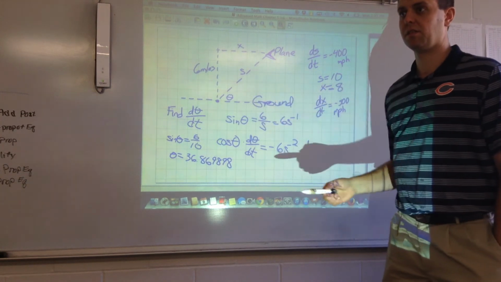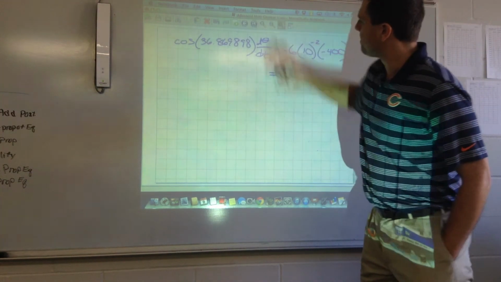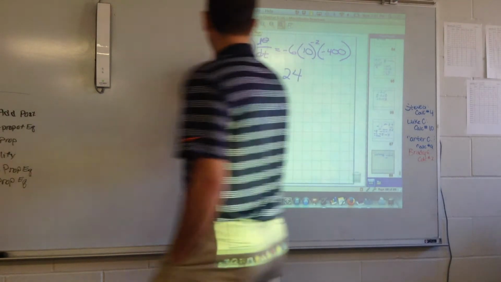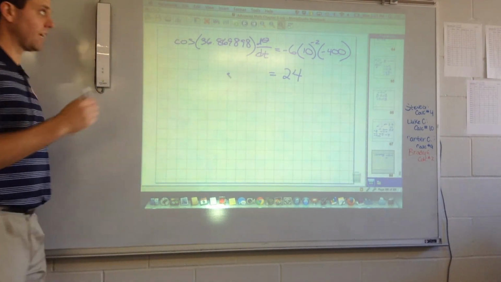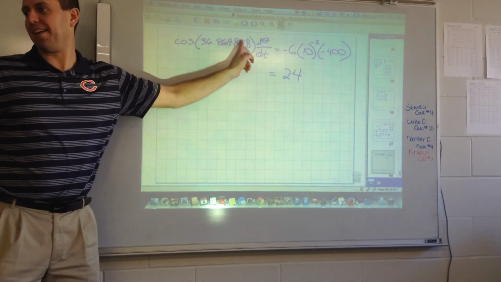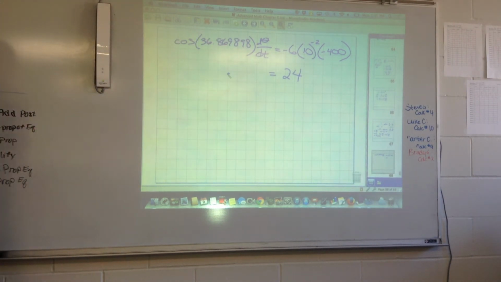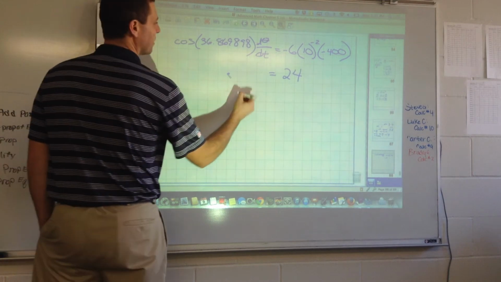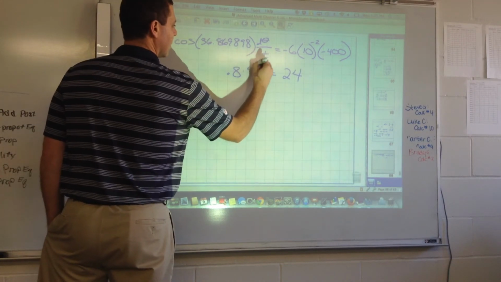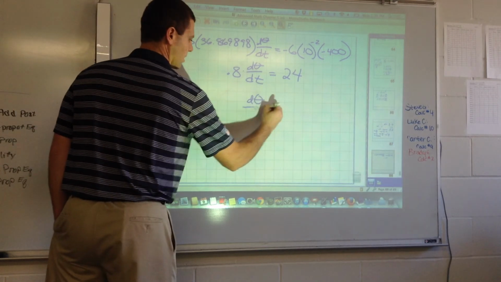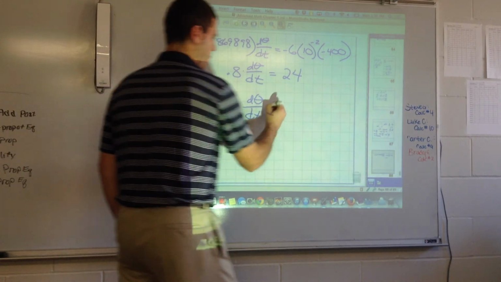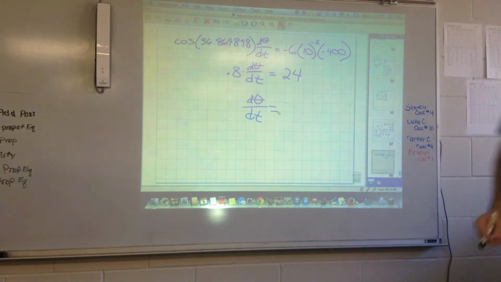Technically it's 0.79999, because we rounded. So 24 divided by that answer is 30.